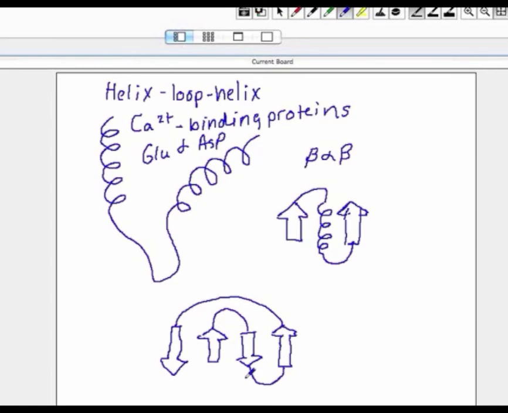And so it makes what's called the Greek key. So this is strand 1, 2, 3, and 4. So 3 and 4 are the flanking strands, and 1 and 2 are in the center. So, interesting, different recurring motifs, aka supersecondary structures, that we see in proteins.